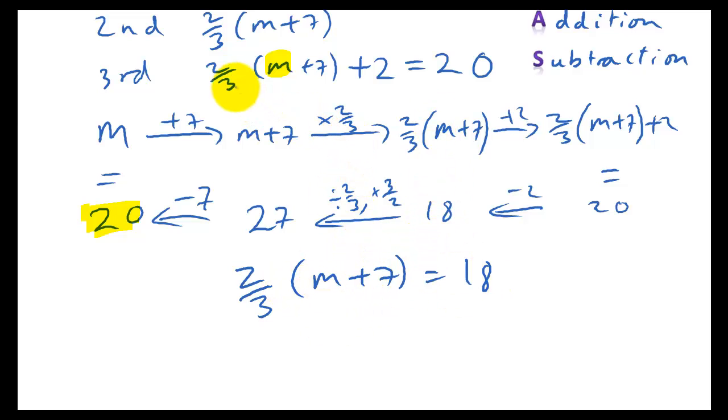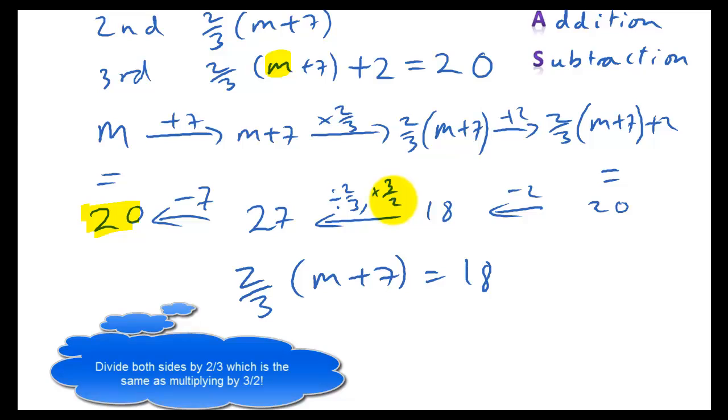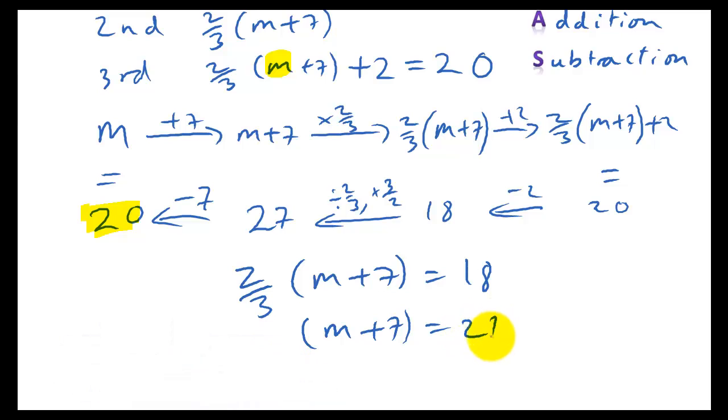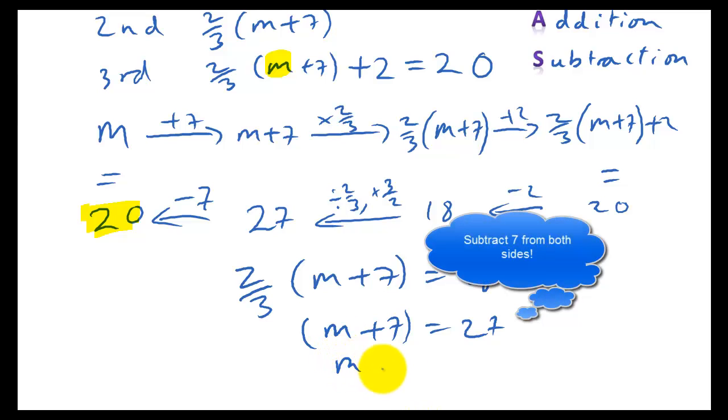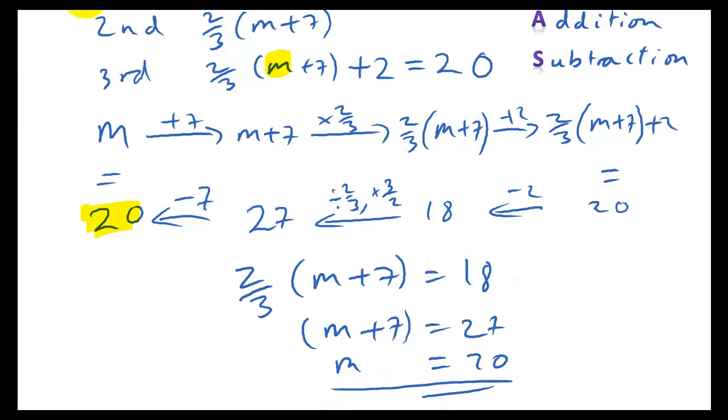Next, I'm going to divide by 2/3, or as we know, times by 3 over 2. If I undo this, dividing by 2/3 just gets rid of that. Do that to the other side and you get 27. Note that in my equation, these steps match up with my flow chart. And last but not least, I subtract 7 from this side and from that side, and you see that I get the same answer.